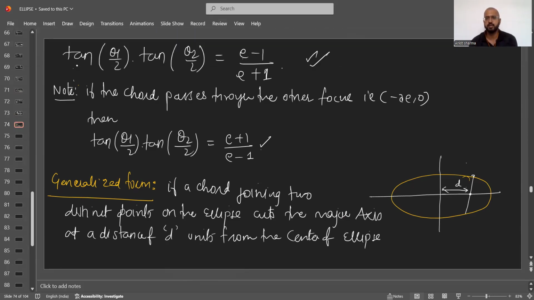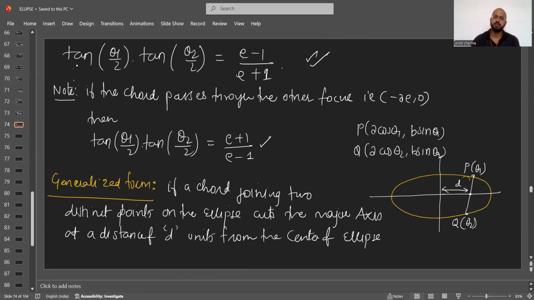It is to be understood that I've taken parametric points and theta 1 is the eccentric angle here. For Q, I'll be taking theta 2. So point P is a cos theta 1, comma, b sine theta 1, and point Q is a cos theta 2, comma, b sine theta 2. So these are my two points.